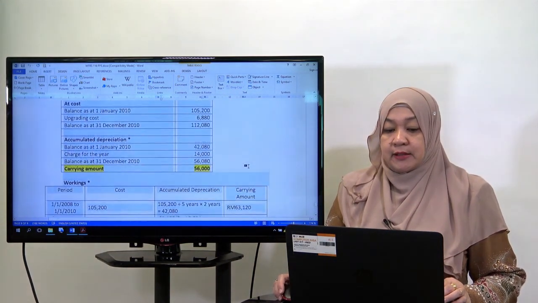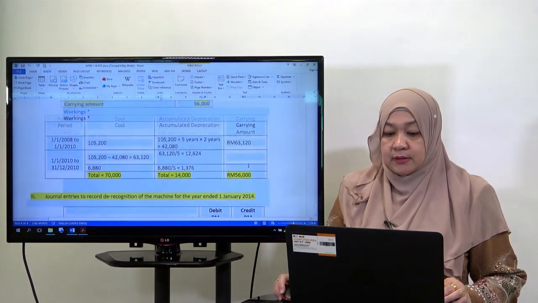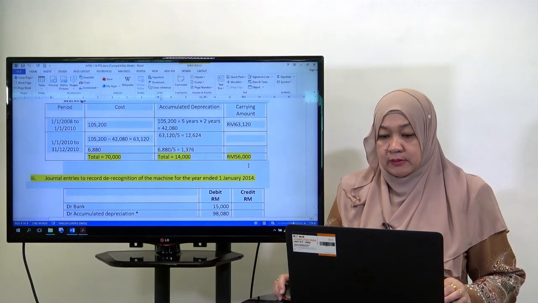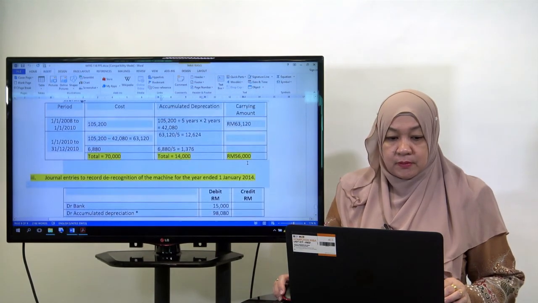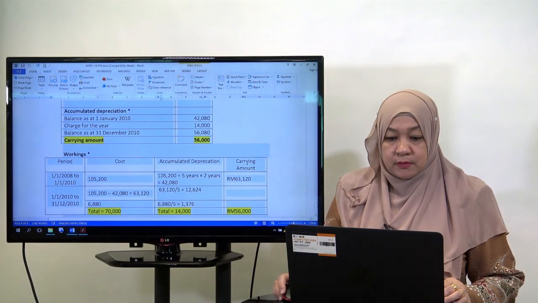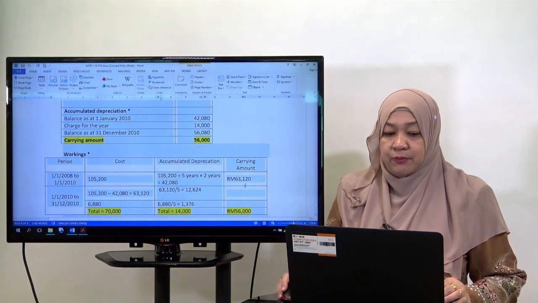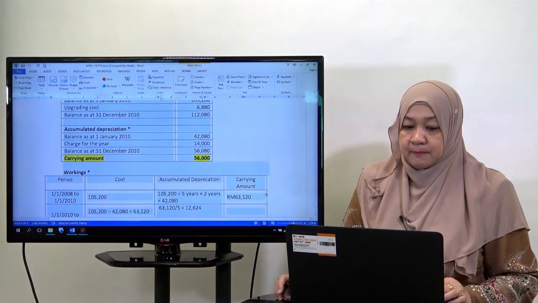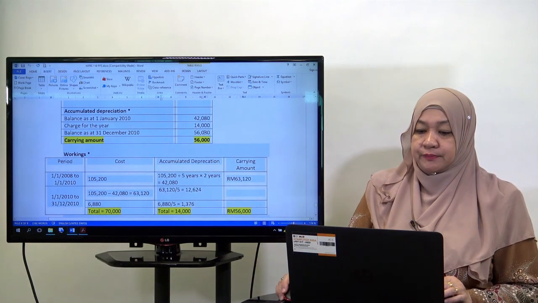That is the total amount of depreciation from the working shown in here. Okay, so you have 56,080.